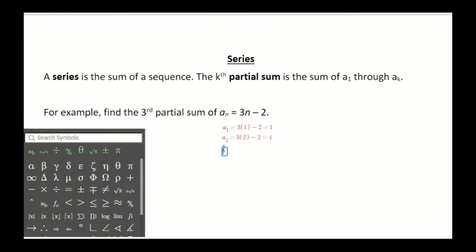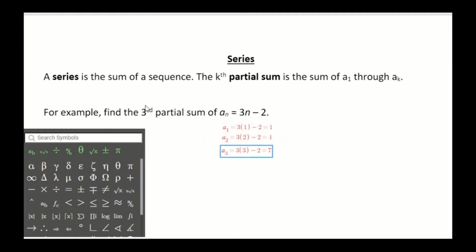And then finally, a sub 3 would be 3 times 3, which is 9, minus 2, which is 7. So the first three terms here are 1, 4, and 7.